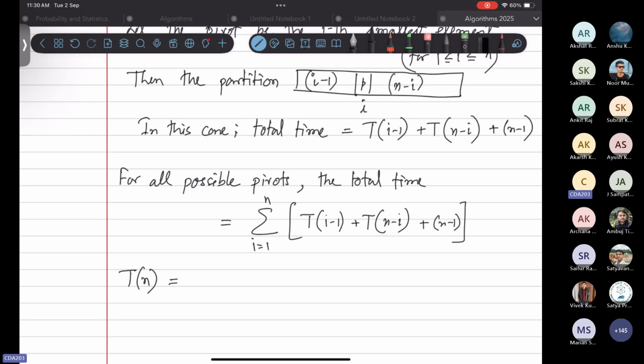The point is I'm choosing the pivot elements uniformly at random. So all of these partitions have equal probability.